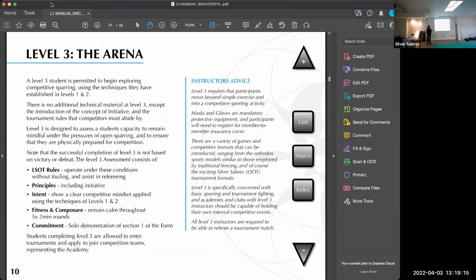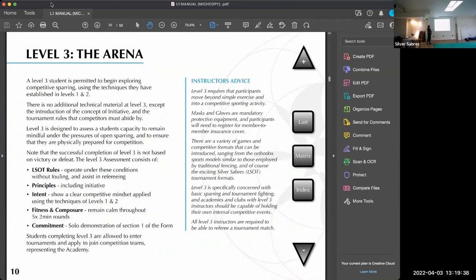But you need to pass your level 3 in order to enter a competition. There are people who can do all the technical stuff at level 2, but I would want them to have a lot more practice before actually sparring. They are level 2 students awaiting to pass their level 3 assessment.